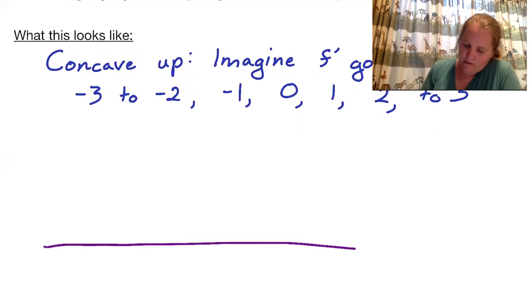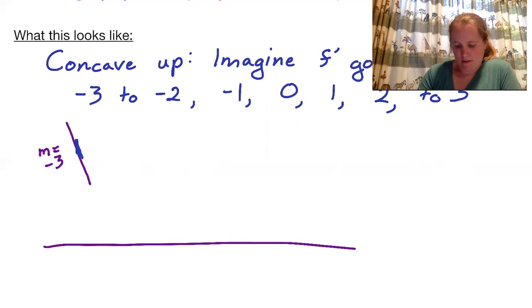So we'll start off with a slope of -3, which would look something like this. So say here's our point, and the graph is going to start off looking like that. And then let's switch to a slope of -2. So it's still going down, but not quite as steep. And maybe now we're here.